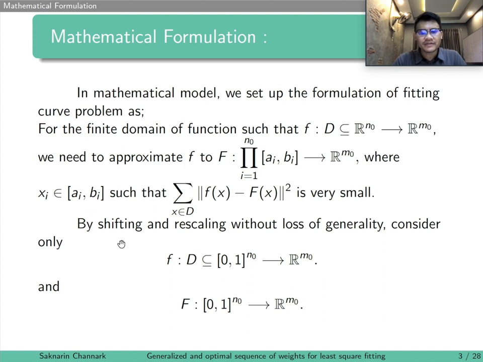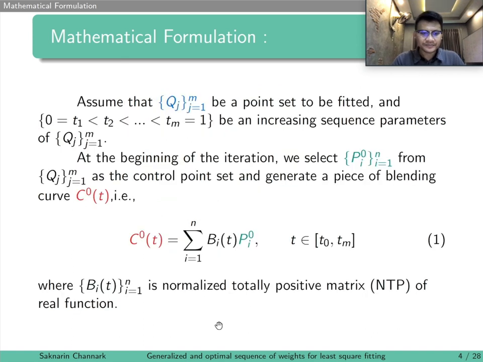By shifting and rescaling, without loss of generality, consider only small f mapping from the closed interval [0,1]^n0 to R^m0, and big F mapping from [0,1]^n0 to R^m0. We assume that Q is a point set to be fit, and parameter T is an increasing sequence parameter in the closed interval [0,1].